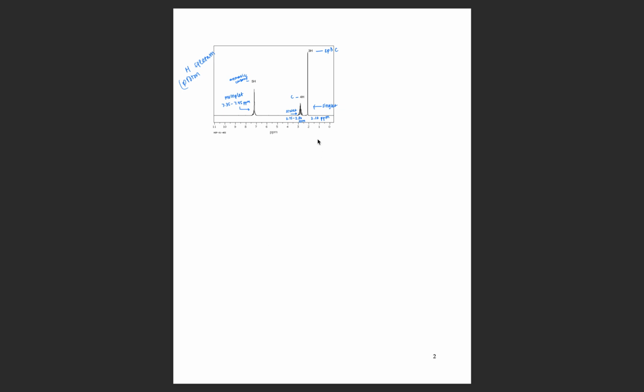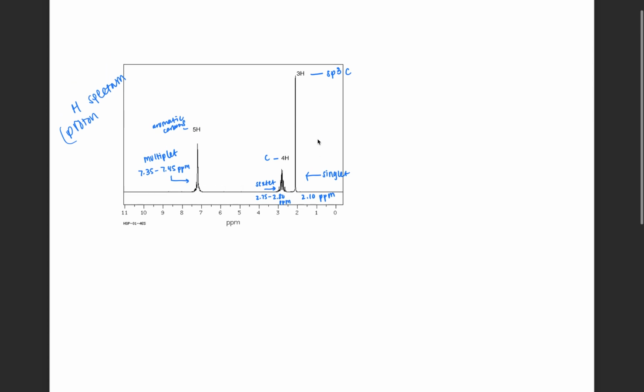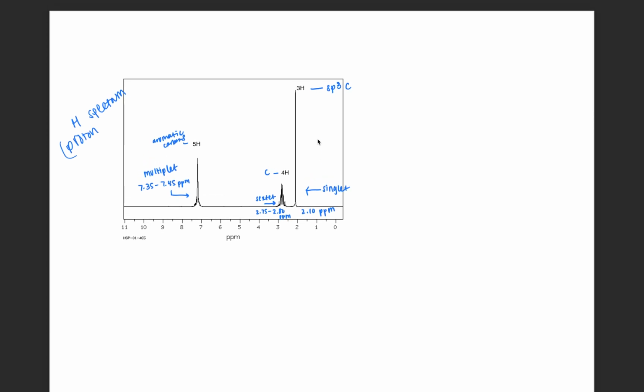So I'll zoom in a bit here, at 2.10 ppm, we have a singlet, and that is 3 hydrogens that are bonded with sp3 carbons. At 2.75 to 2.80 ppm, we have a sextet.